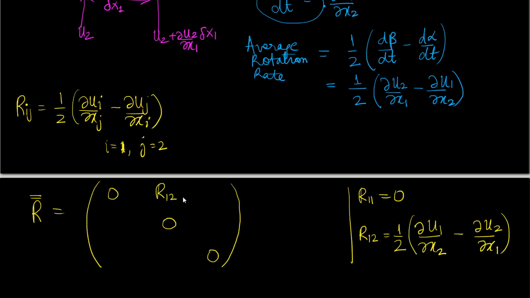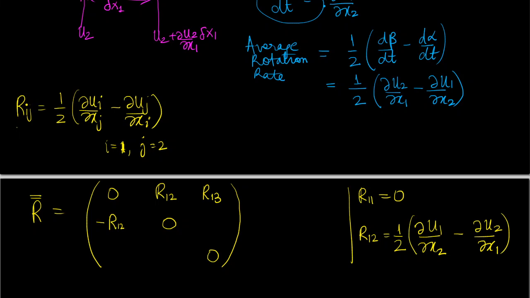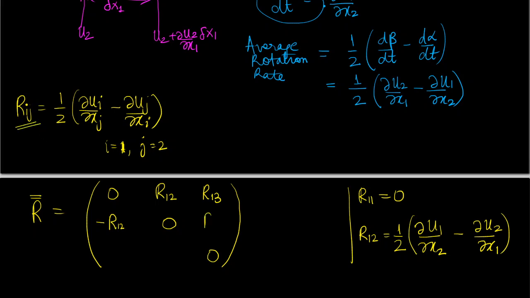Let us write it in terms of the symbols over here. This will be R13. This will be R21, but R21 is going to be minus R12, because R is an antisymmetric tensor. Similarly, this will be R23, this will be minus R23, this will be minus R13.